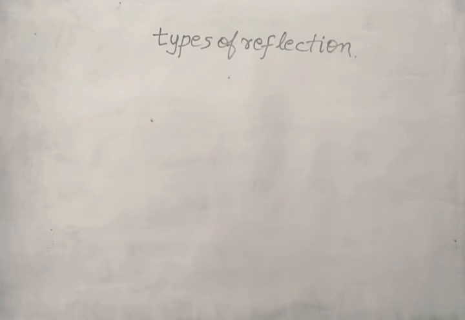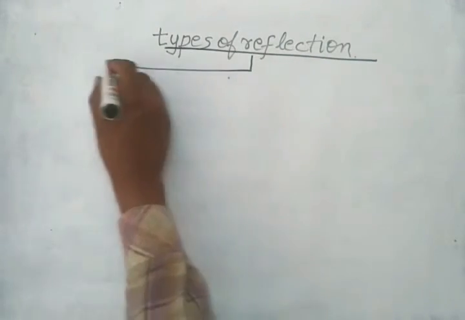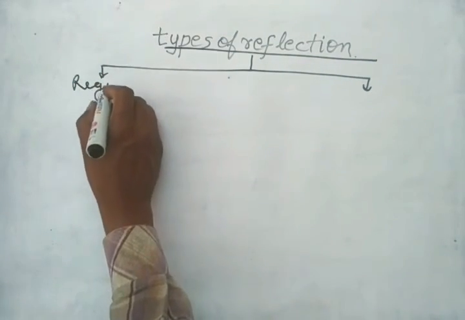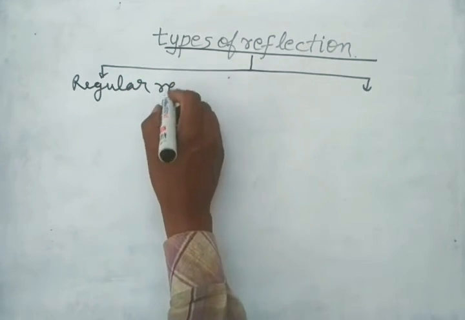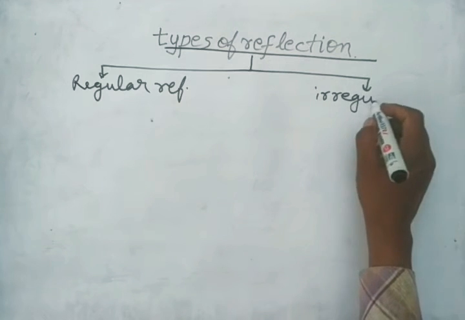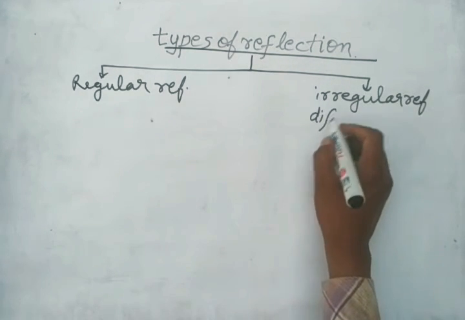Next is types of reflection. So there are two types of reflections. One is regular reflection and other one is irregular reflection or diffused reflection.